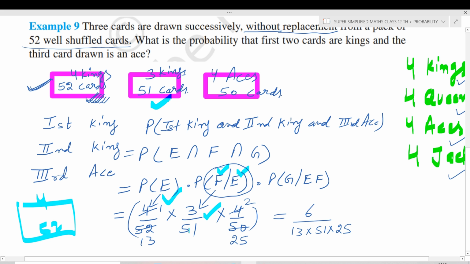So that would have been the case where the occurrence of F has not been affected by the occurrence of E. In that case, we could have said that E and F were independent events. But in this example, these events are not independent because they are affecting each other.